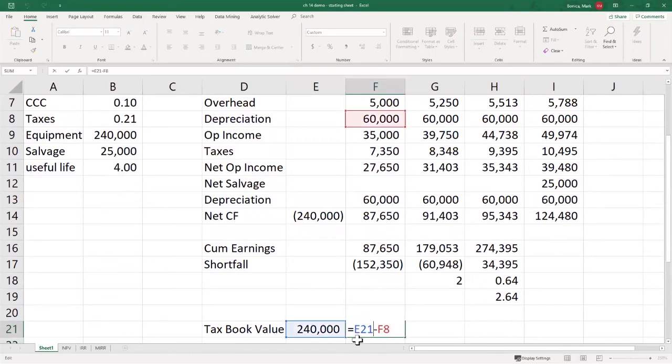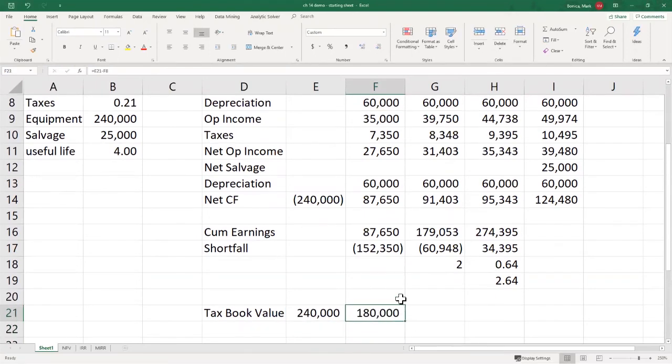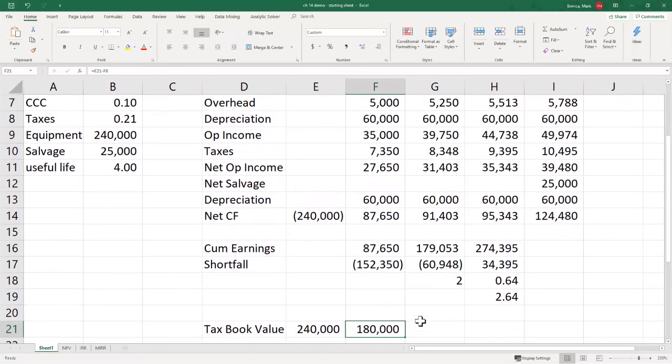So what did I do? I subtracted 60,000, the depreciation, from the taxable book value of 240. So the value of our asset at the end of year one went from 240 to 180. In year two, I should be able to just copy that over. It should go to 120. Then in year three, it's going to go down.